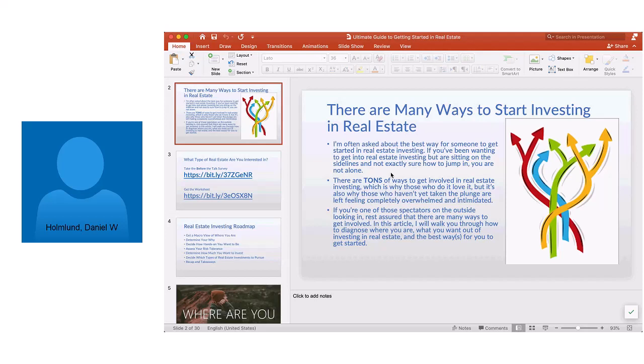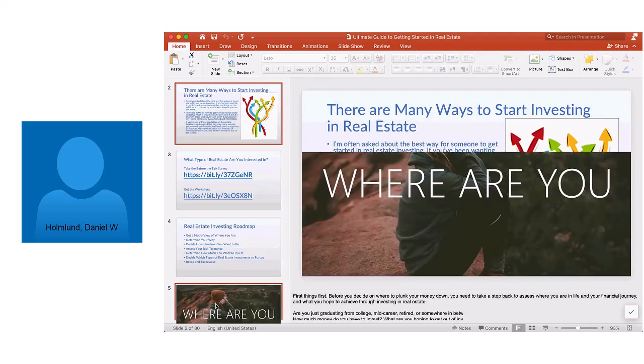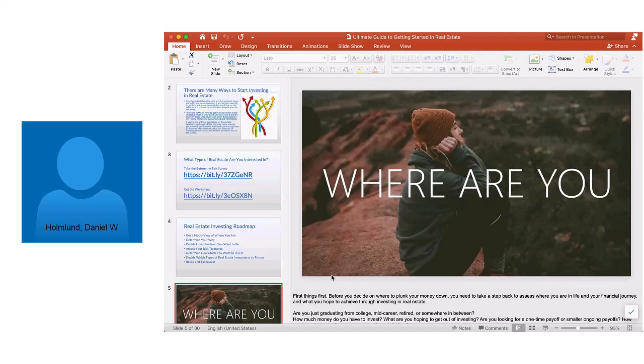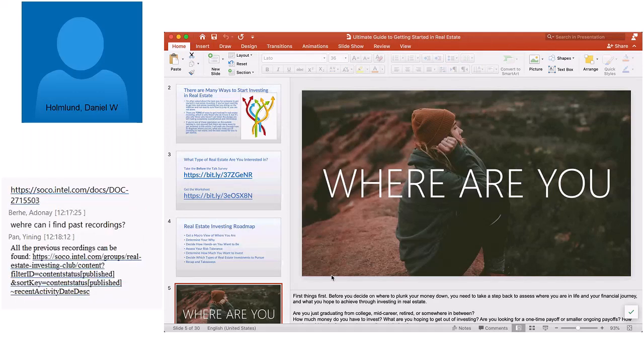There are tons of ways to invest in real estate. And knowing where your starting point is and what you are doing in your life matters. Maybe you are single and you're living with a group of roommates. Maybe you're married and you're just starting off life together, buying a new house together. Maybe you are midlife and you're looking for an investment property or two, or looking to refinance.